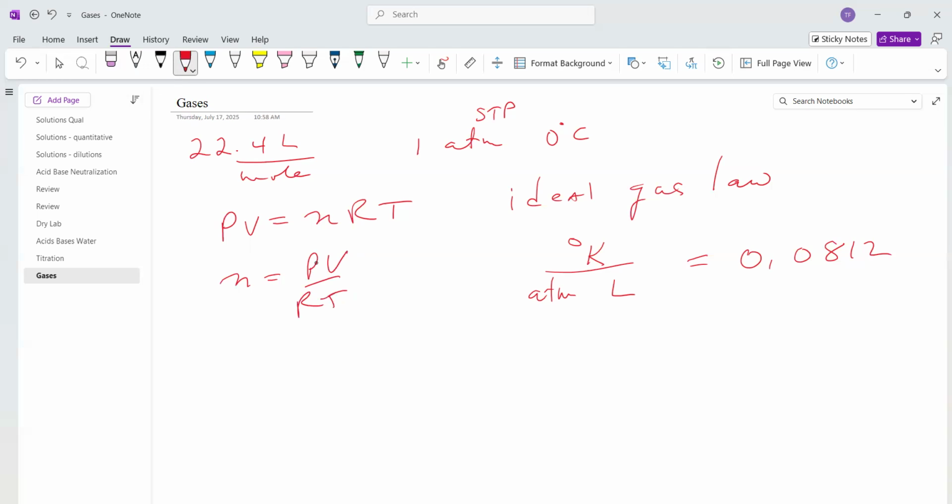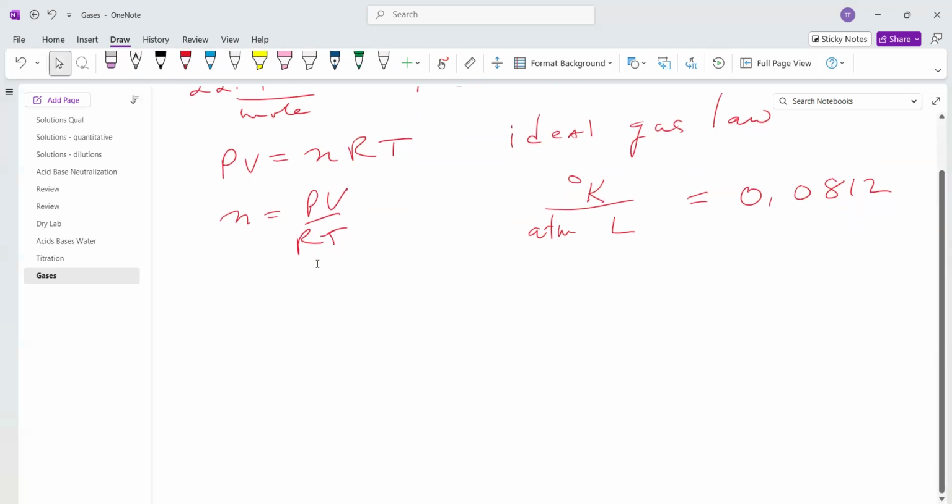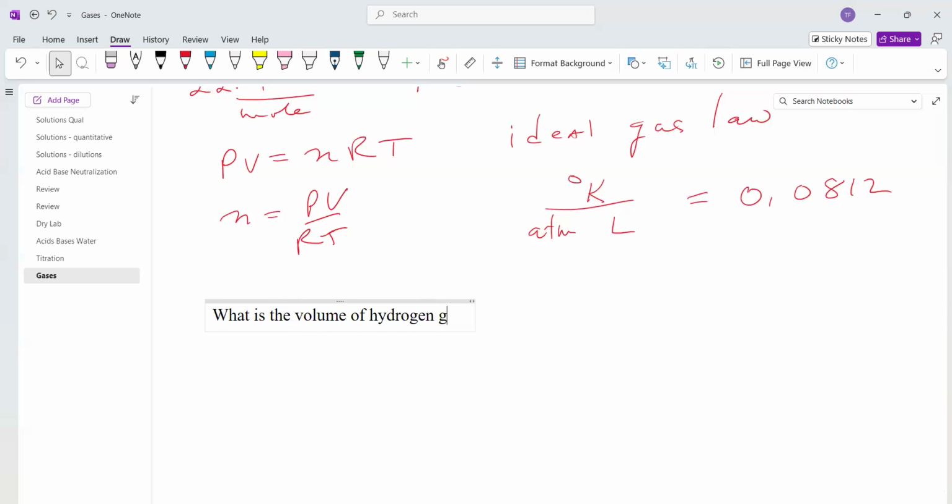Okay, well, let's say we were looking at a situation. What's the volume of hydrogen gas at 34 degrees C, 2.3 atmospheres?